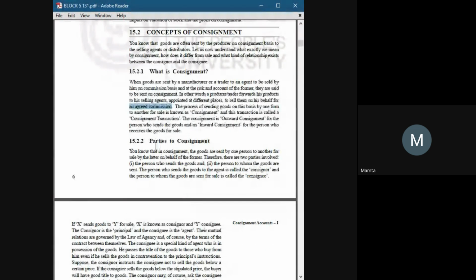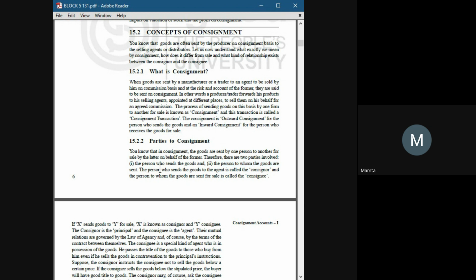What are the parties involved in a consignment? You know that in consignment the goods are sent by one person to another for sale on behalf of the former. Therefore, there are two parties involved: the person who sends the goods and the person to whom the goods are sent.